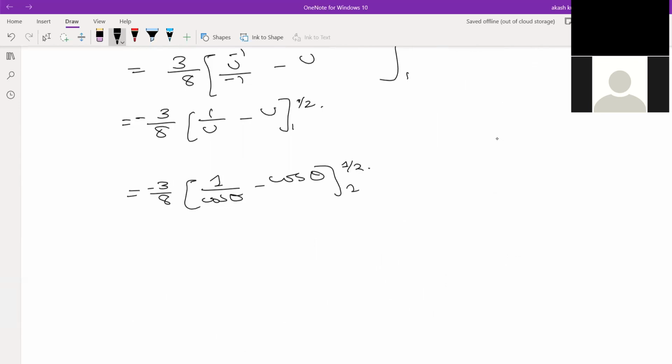When I took the minus sign out, this should be plus as well, because the minus sign is with both of the terms. So taking the minus sign out, it will be plus here. Now we just have to apply the upper limit and lower limit and simplify the answer.